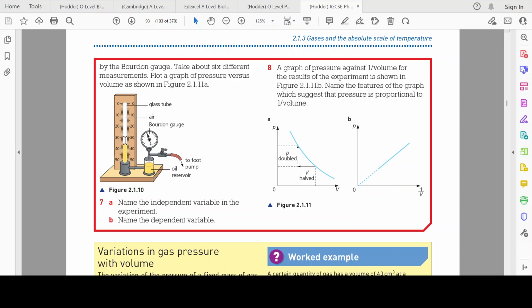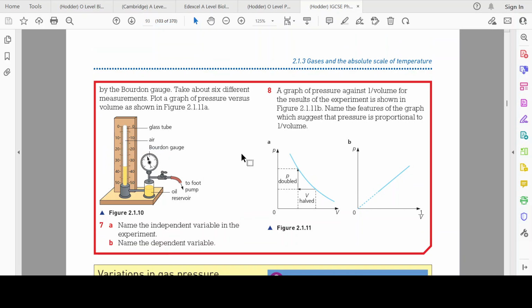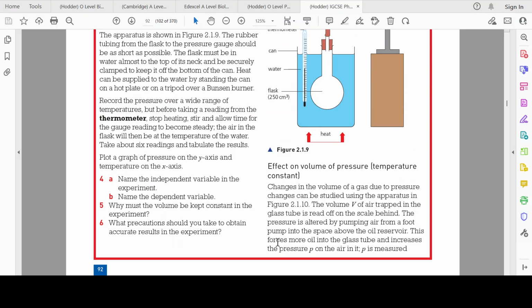As the oil rises, there's more oil in here. Technically, it's not the volume, the mass of the gas is the same. So you've got the same mass of gas, but the space it has is becoming lesser. So the volume is decreasing.